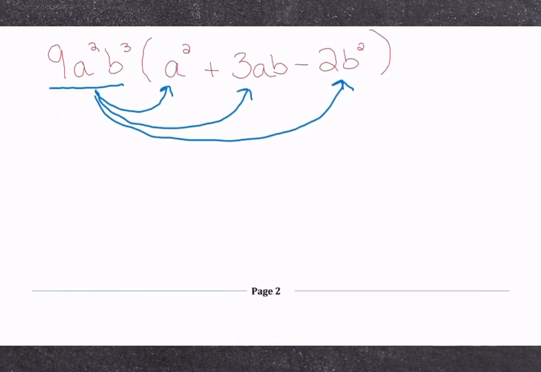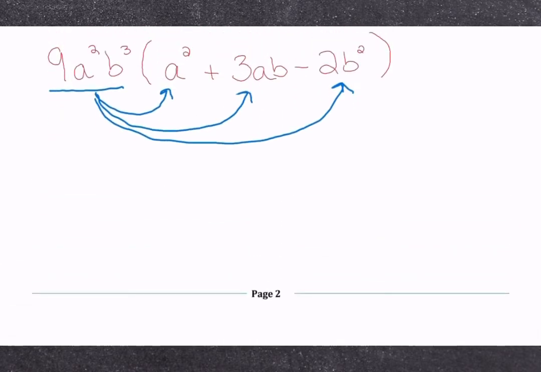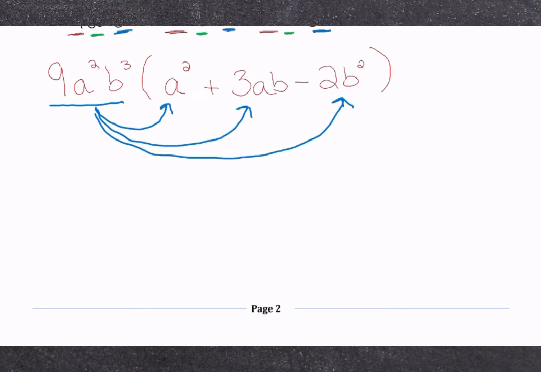Okay, let's look at another example. One thing that I want to make sure you understand when it comes to taking out a GCF, let's look at an example like this. Let's say negative 12 x to the third y minus 6 x squared y plus 3 xy.